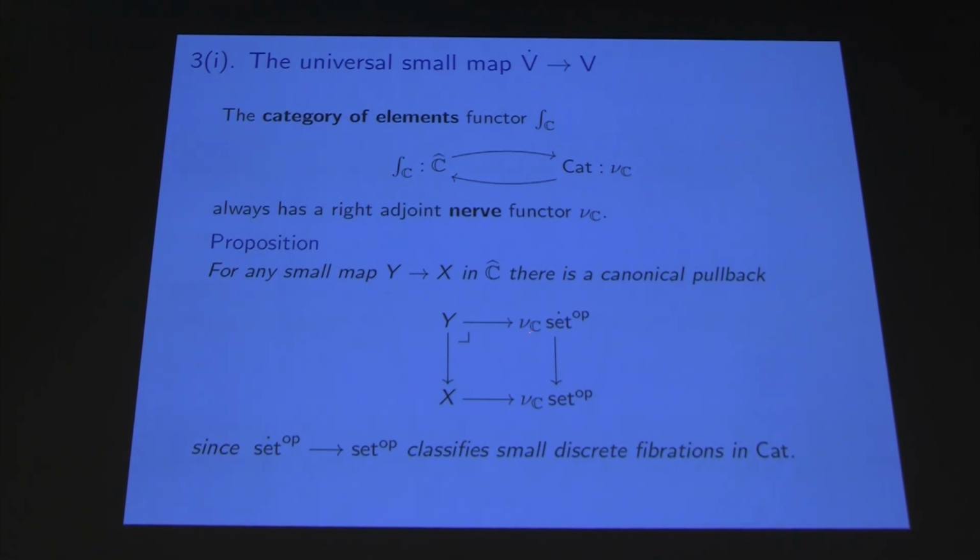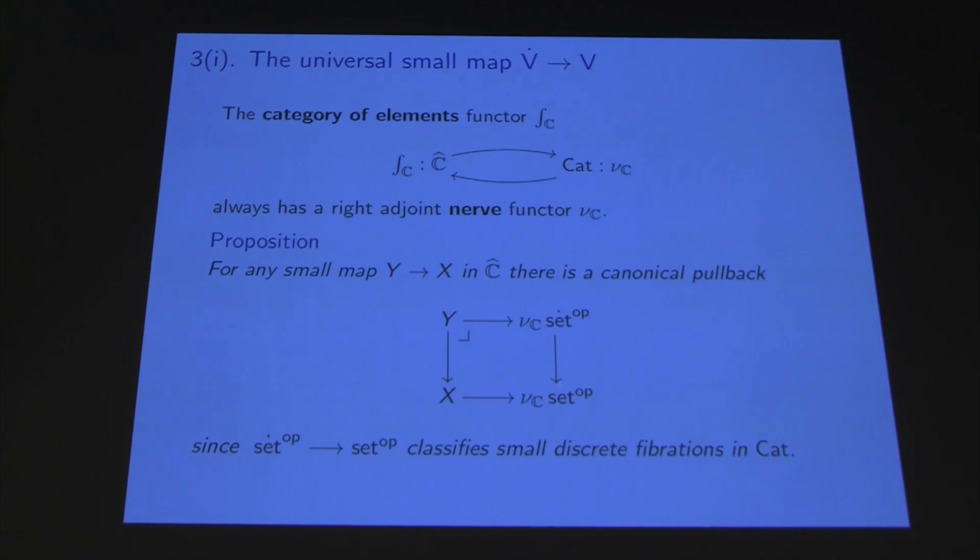When I hit it with the nerve, I get a presheaf on C, and that presheaf now classifies those things whose category of elements are discrete fibrations. Well, the category of elements of a map of presheaves is a discrete fibration.